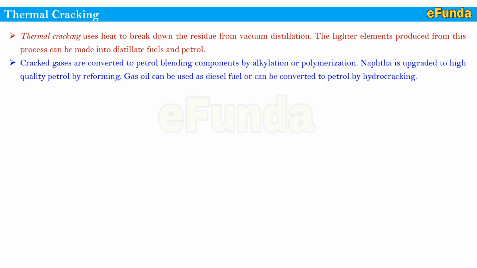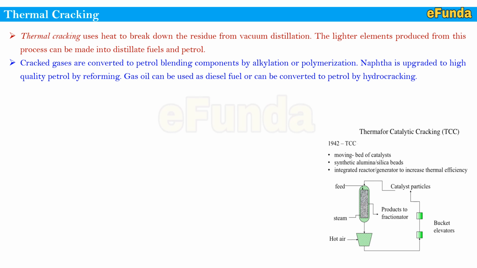The thermal catalytic cracking, one can refer to the picture. It started in 1942, that is TCC, a moving bed of catalyst, with synthetic alumina or silica beads, and an integrated reactor generator to increase thermal efficiency.